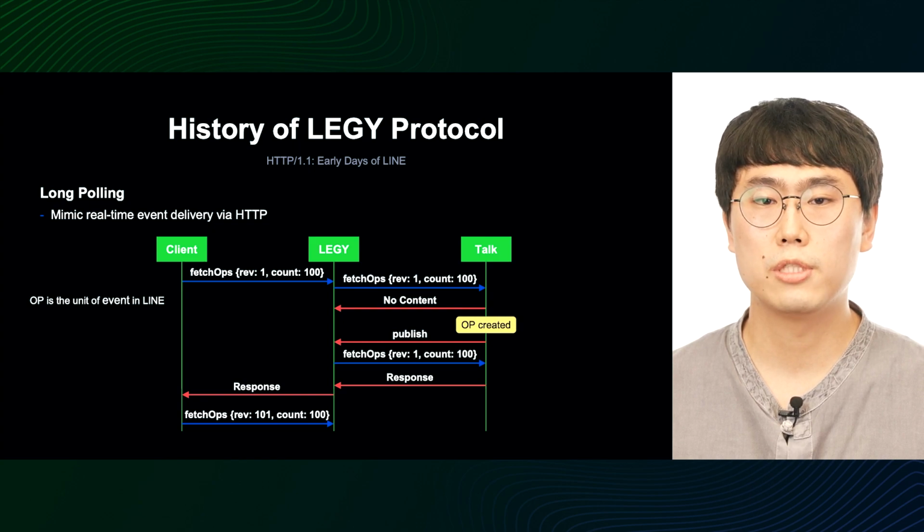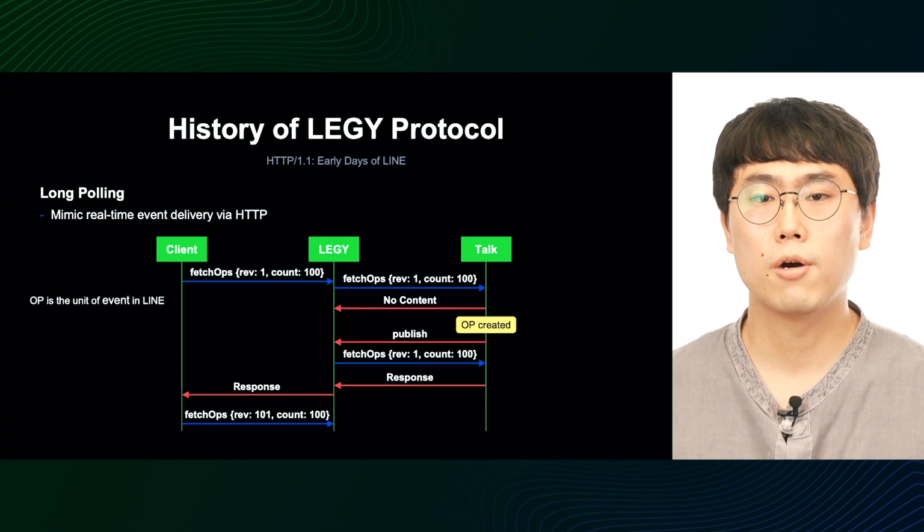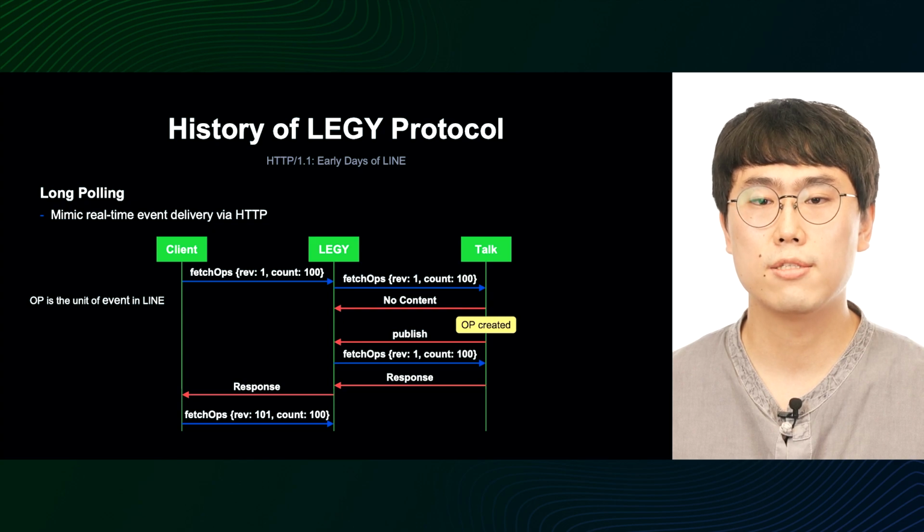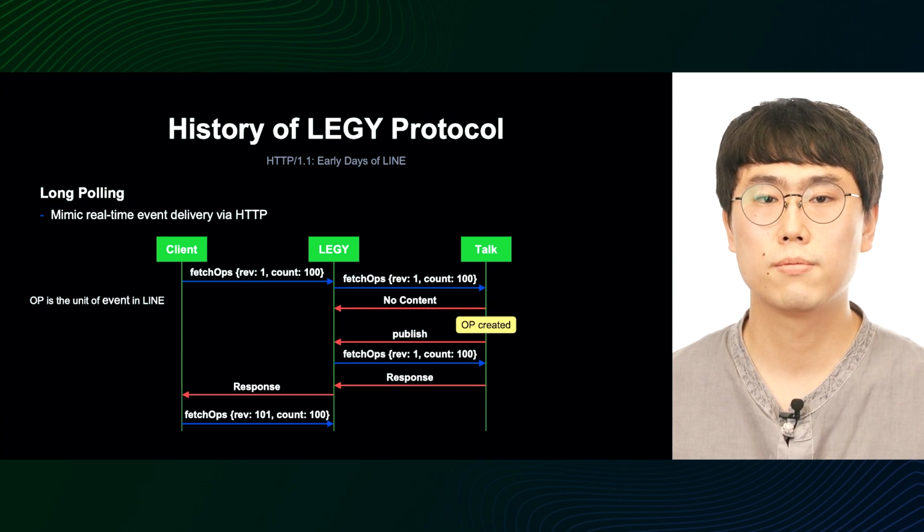But when talk server responds no content, LEGY waits for a publish from talk server. When a new operation is created, talk server sends a publish request to LEGY. After getting the publish from talk server, LEGY resends the original fetchUps request to talk server and sends the response back to the client.